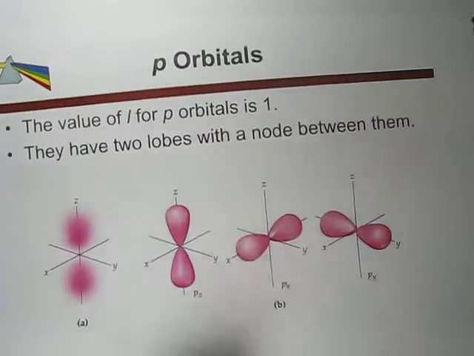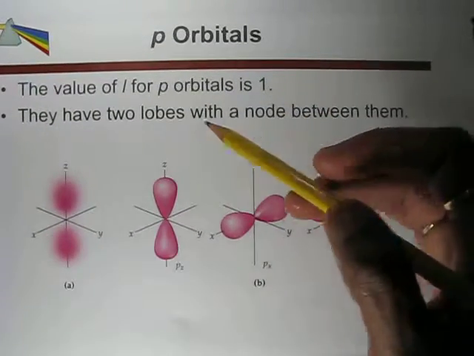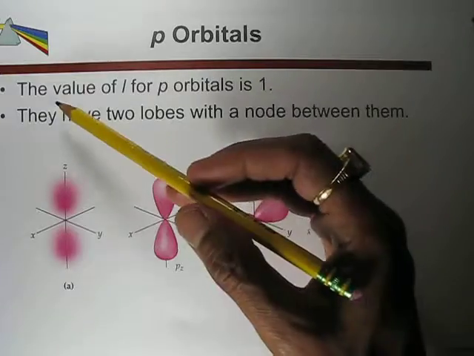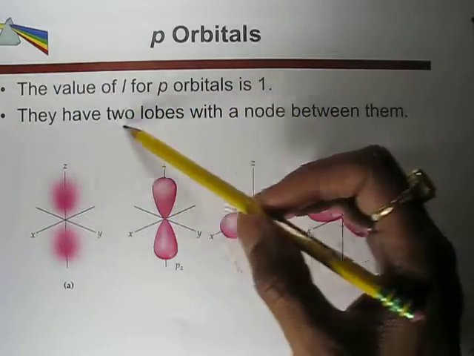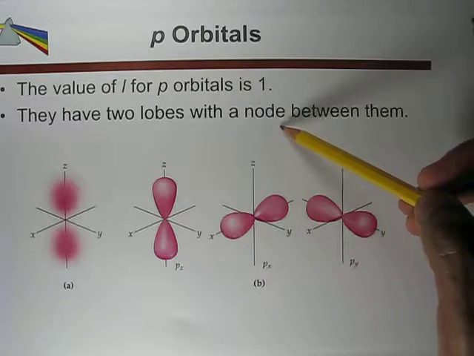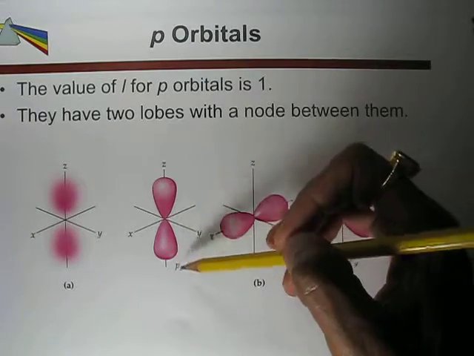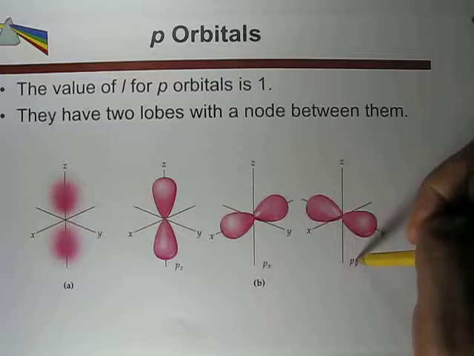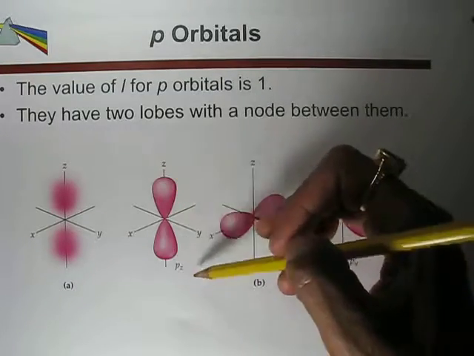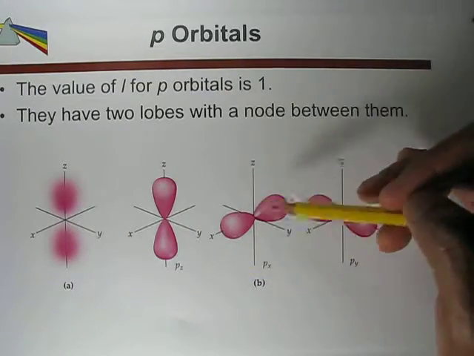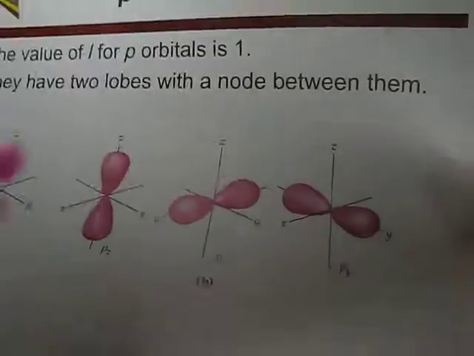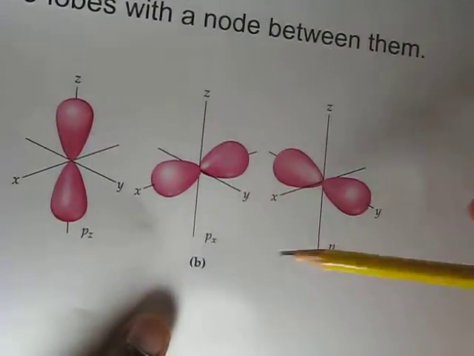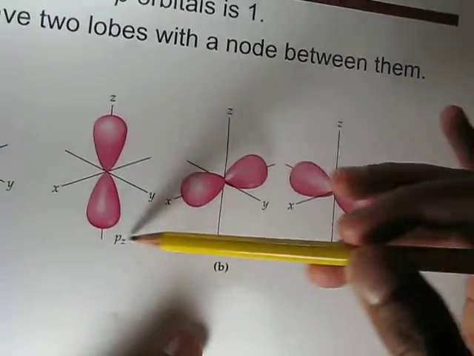Next is the p orbital. So p orbital looks like a dumbbell shape. The value of l for the p orbital is always 1, and they have two lobes with the nodes between them, and they are called px, py, pz.